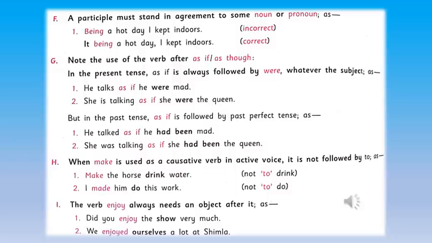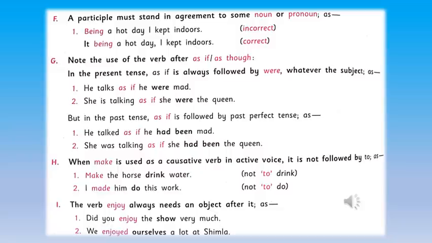Actually, he is not mad, but he is talking as if he were mad. See, when it is present tense, after as if, what will come? Were. He talks as if he were mad. Second example: she is talking as if she were the queen.